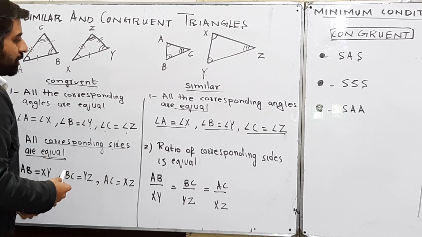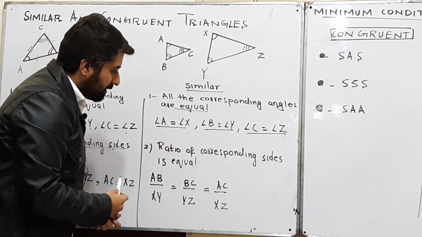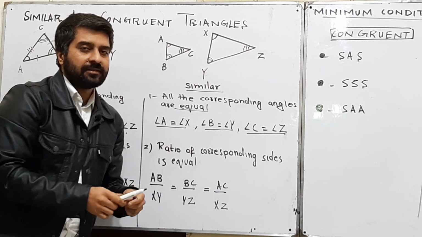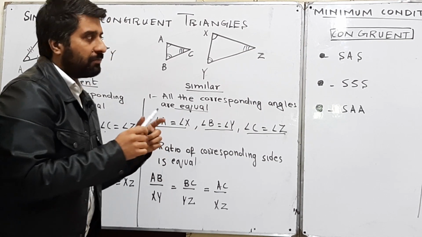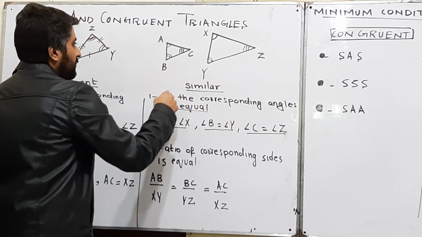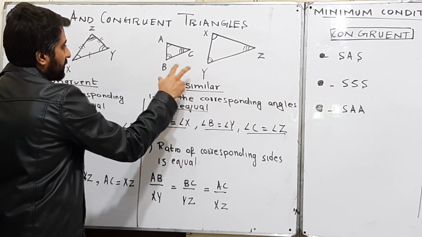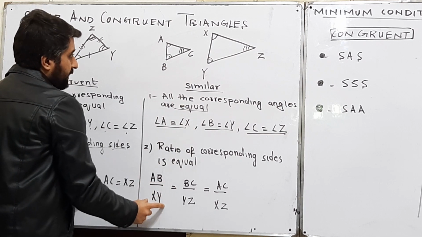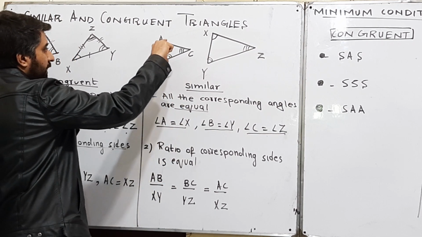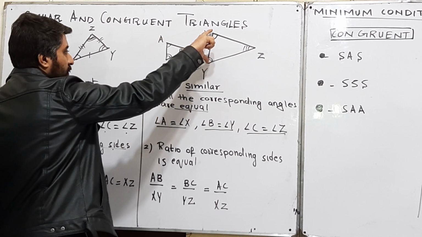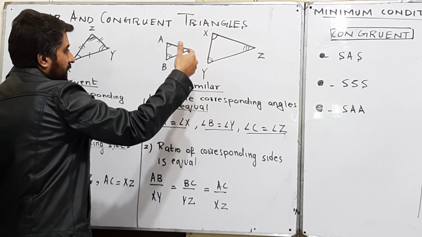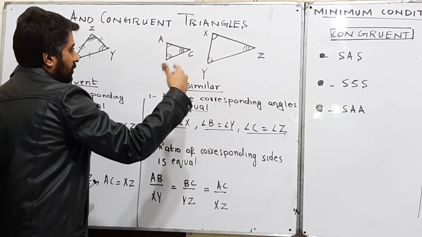However, if you are talking about similar triangles, you don't have equal lengths in this case. The ratio, meaning the division of the corresponding sides, will give you the same answer. For example, AB over XY. If you divide AB by its corresponding side, XY, you will get an answer, whatever it will be.